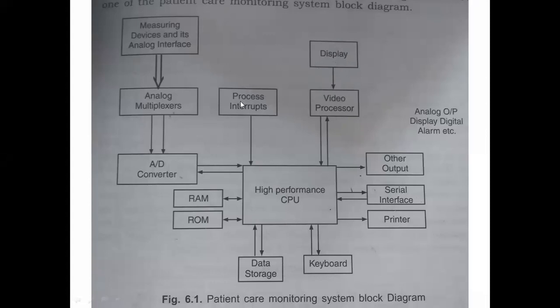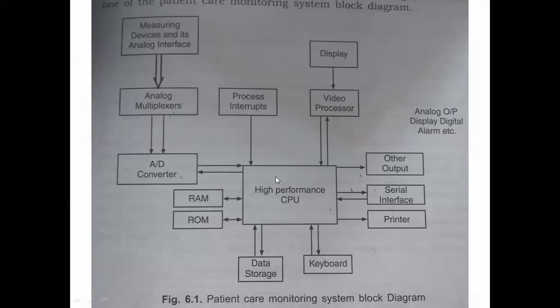We also have some process interrupts, and those process interrupts cause disturbances. We have to eliminate these process interrupts, and from that we can construct the original waveform, which is the ECG waveform generated in the heart. Like this, the high performance CPU takes signals from the measuring devices.